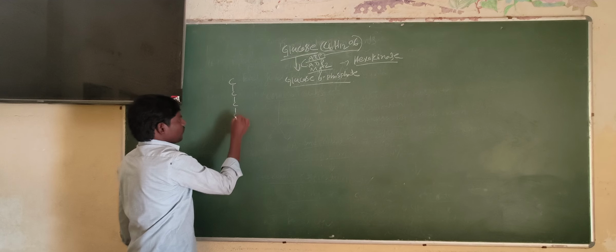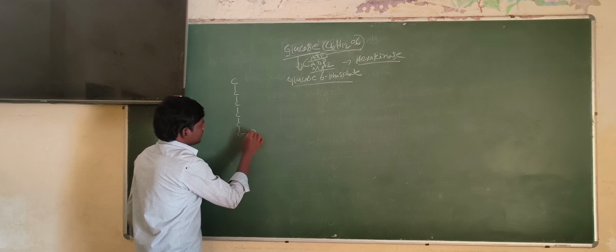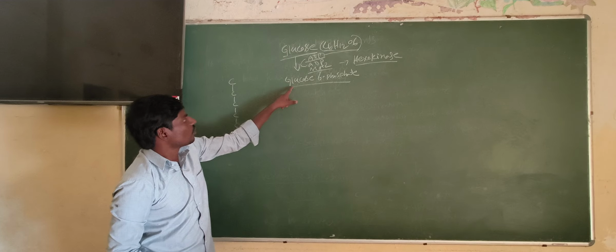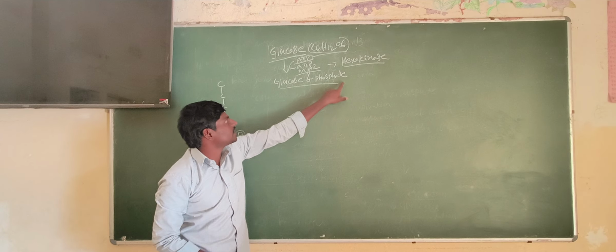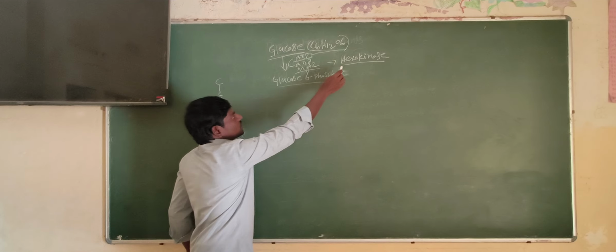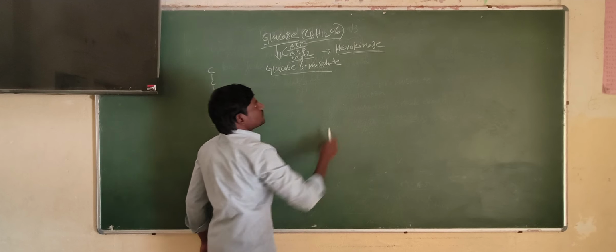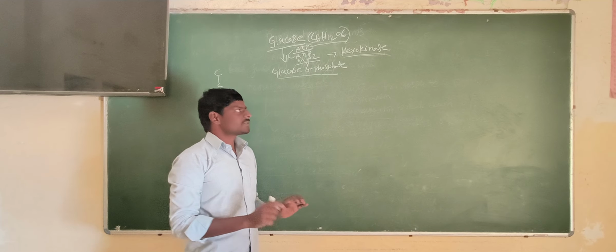Then glucose is converted into glucose 6-phosphate by the presence of hexokinase enzyme. Hexo means 6. The word kinase refers to removal or addition of phosphate.